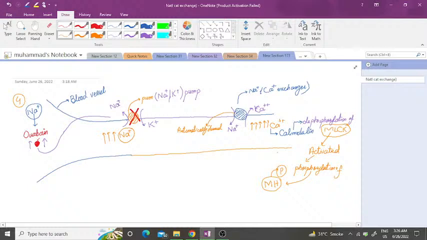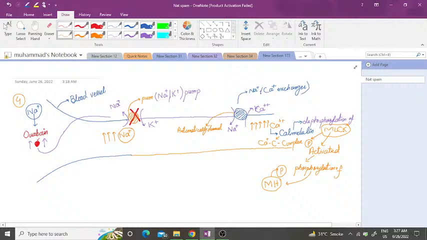When the calcium binds with the calmodulin, it is called the calcium calmodulin complex. This complex causes the dephosphorylation of myosin light chain kinase.